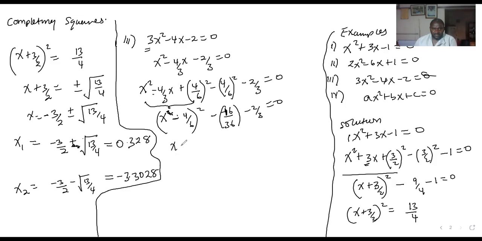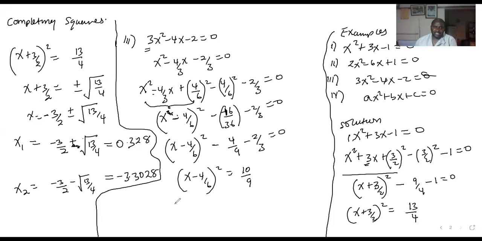You have x minus 4 over 6 squared minus 4 over 9 minus 2 over 3 is 0. The LCM here is going to be 9. So the other one will be negative 6, negative 10. So x minus 4 over 6 squared is equal to 10 over 9.